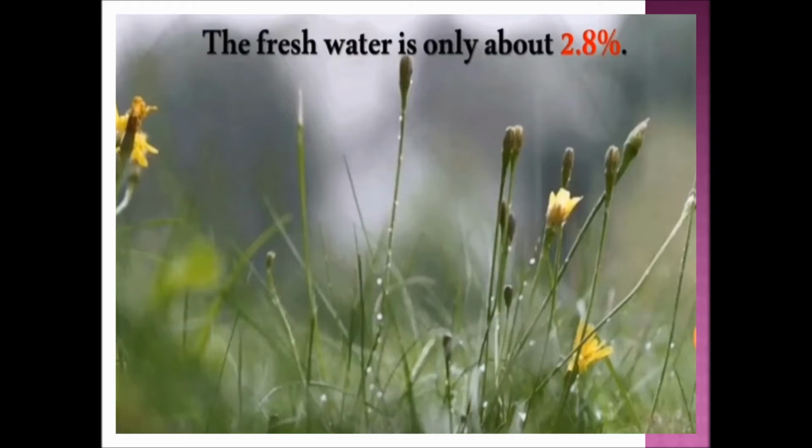That's why we have seen that most of the water on the earth is salt water, because the salt water constitutes more, that is 97.2%, whereas the fresh water constitutes only 2.8%.